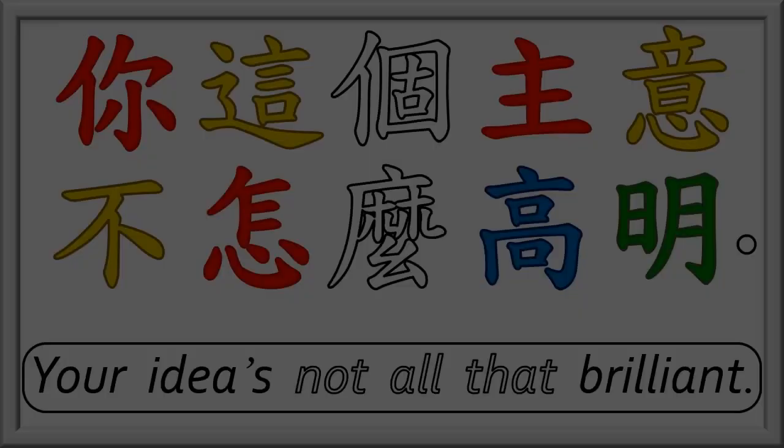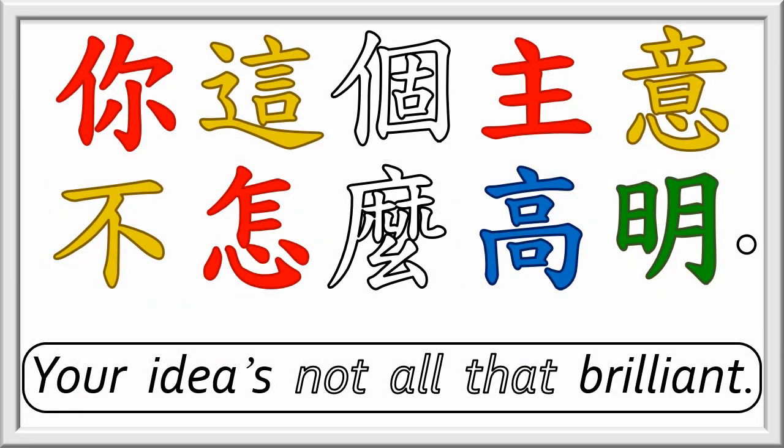For example, 不怎么好 is not so good, while 不怎么累 is not too tired. 你这个主意不怎么高明 Your idea is not all that brilliant. In other words, it leaves a lot to be desired.